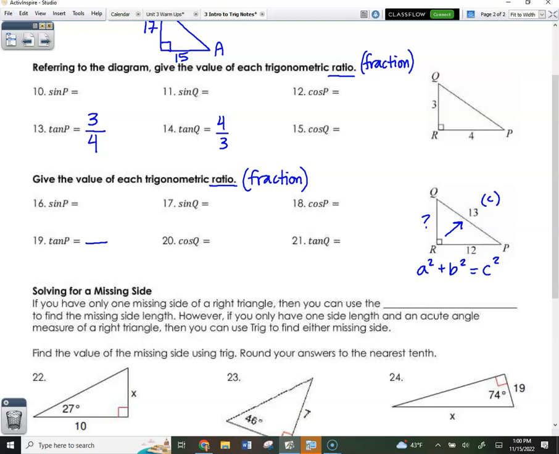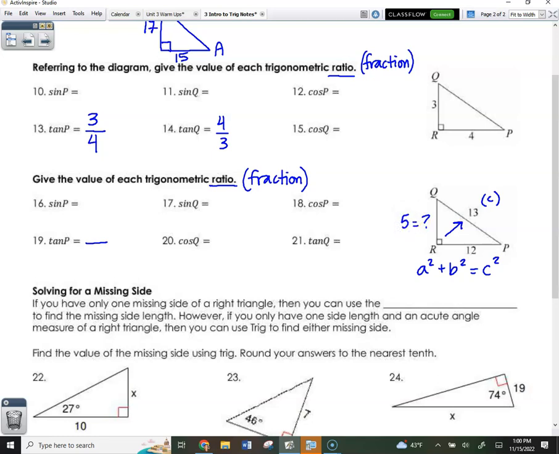Now, if you don't memorize that, that's fine. You would do 13 squared, and you would have 12 squared, and you would subtract it, and then square root it, and you're still going to get 5. So this right here is 5.